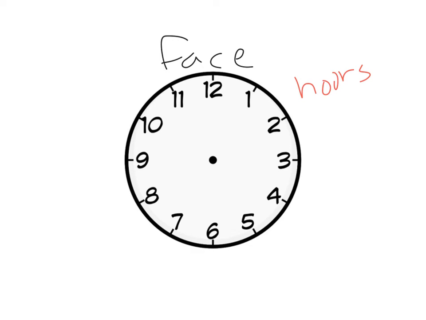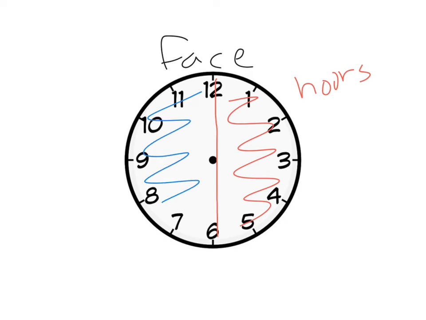Now, when we're talking about time, and we're talking about minutes, we can break our clock into half. Here's 1/2. Here's 2/2. That's why if the minute hand is pointing towards the 6, we call it half hour.